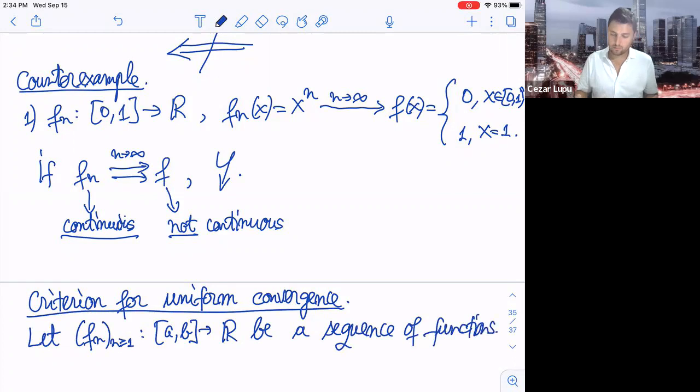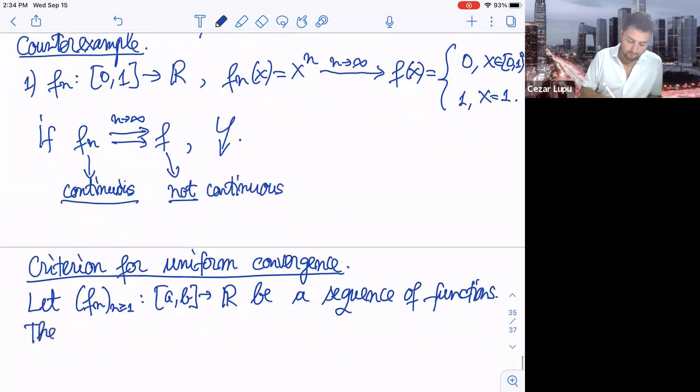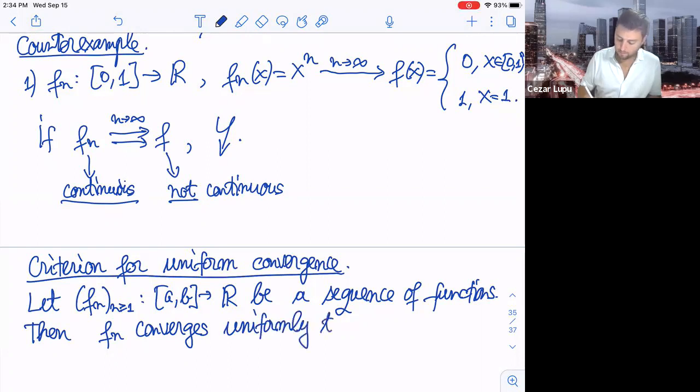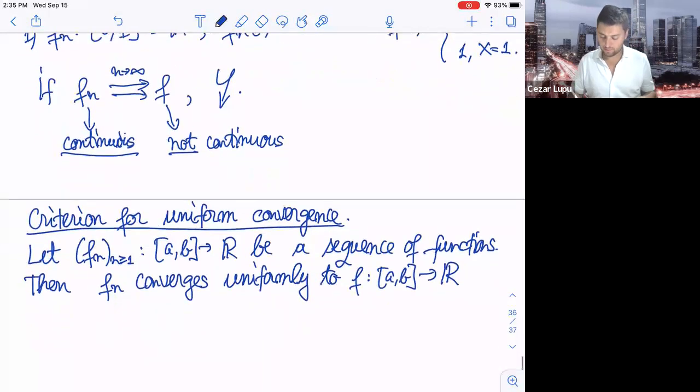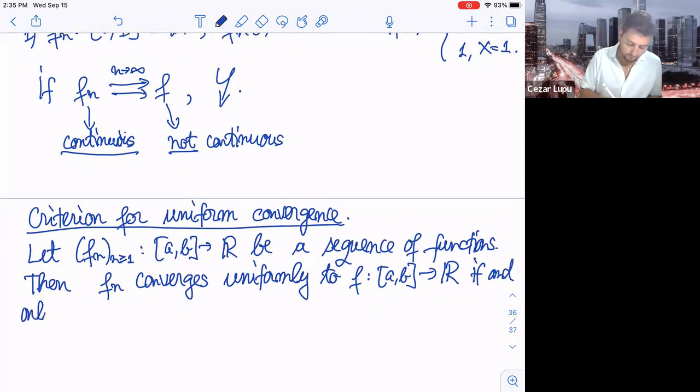All right, great. And we say that then Fn, let's just write in words, converges uniformly to f, let's say to a function f defined on [a,b] and real valued, if and only if, and probably you are used to my notation so far, I will write this as if with double f.